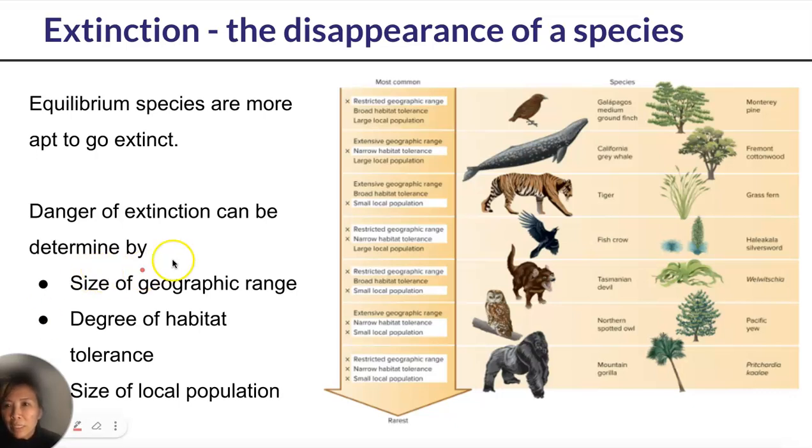So you can see here that we have a range of factors with regards to different organisms: their geographical range, their degree of habitat tolerance, and the size of their local population, with regards to concern of whether or not they're going to go extinct. As we go down this chart, moving down to the mountain gorilla, for example, they have a lot more restriction, so they're more likely to go extinct.